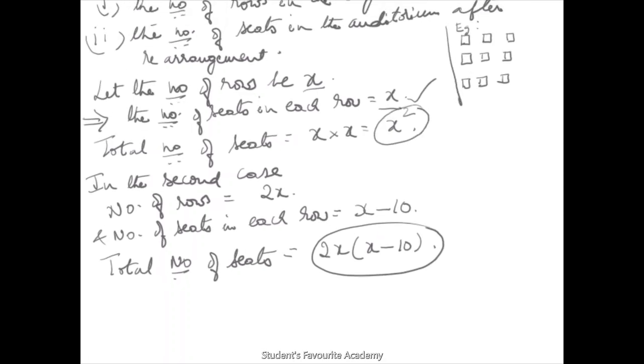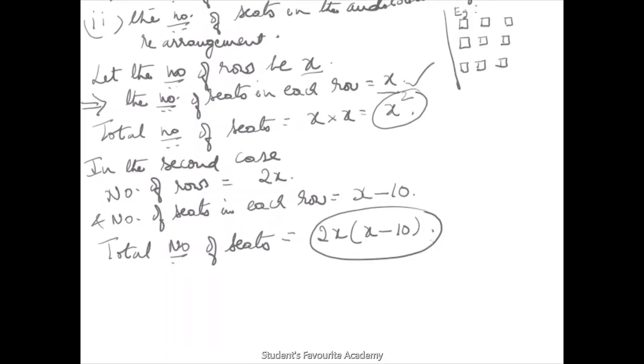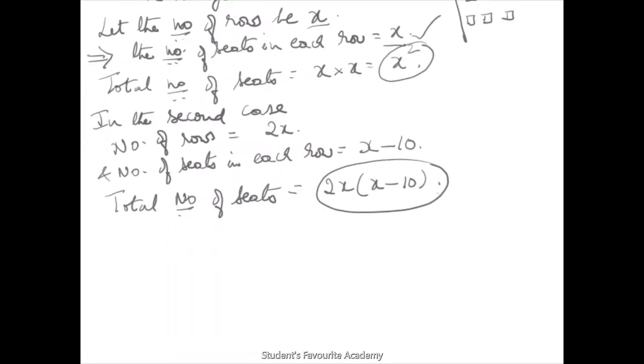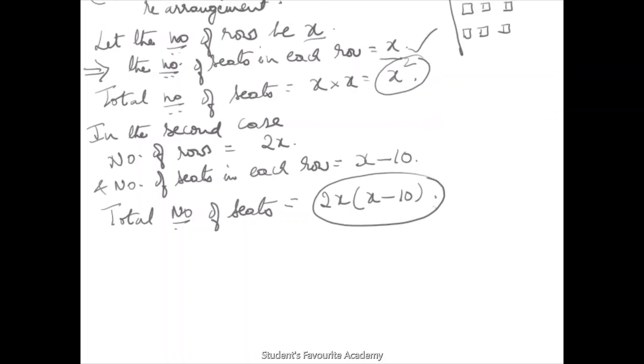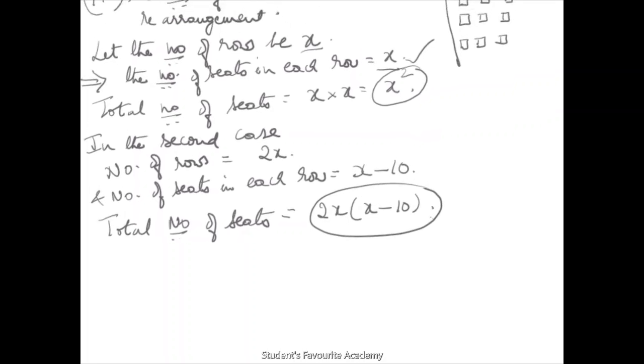So this is 300 more than this, right? So you can say 2x into x minus 10 is equal to x square plus 300.